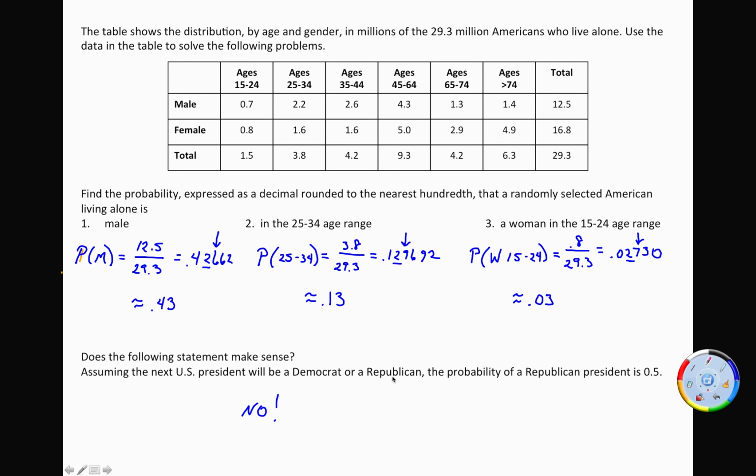It is not equally likely that a Democrat or Republican will be chosen. There's a lot of other factors to consider from one election to the next. So it's not like a random drawing of a Democrat and a Republican. So no, that does not make sense. Remember that the outcomes have to be equally likely no matter what other factors are happening.